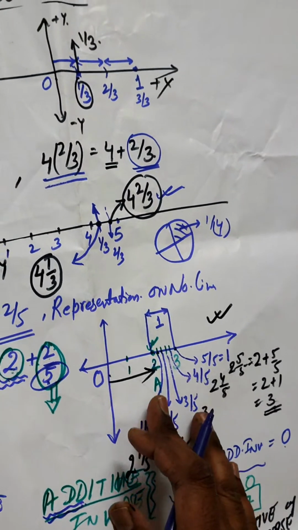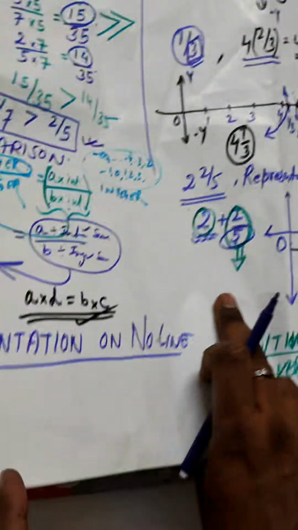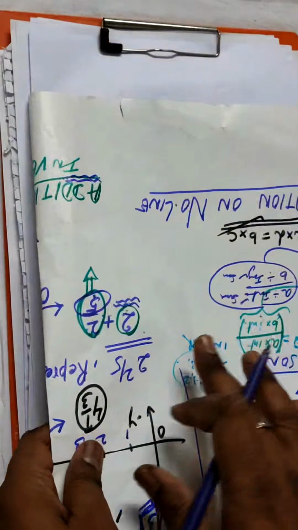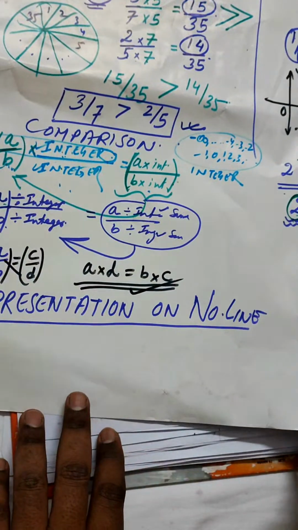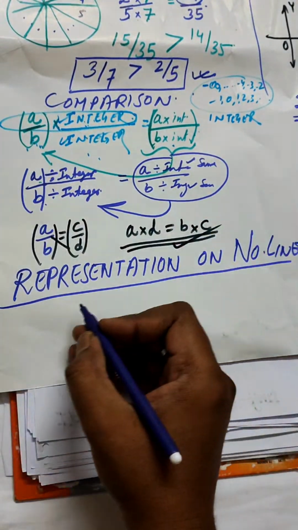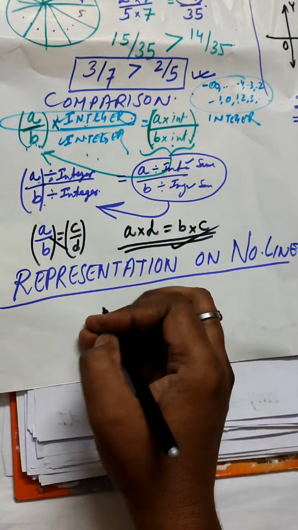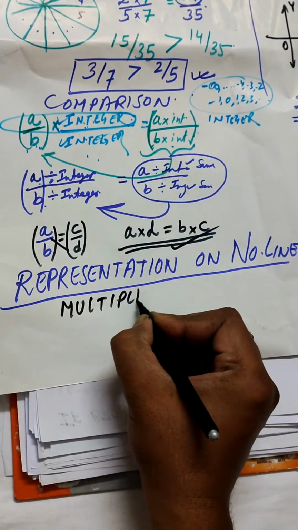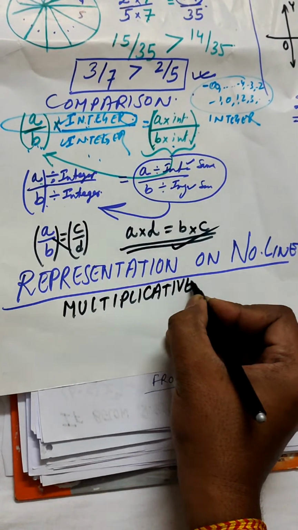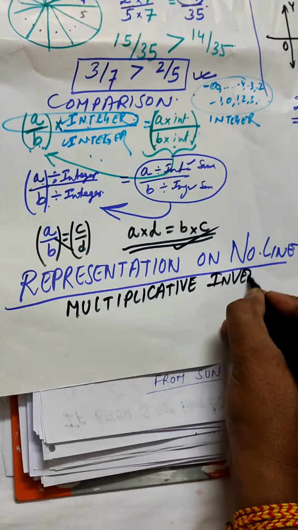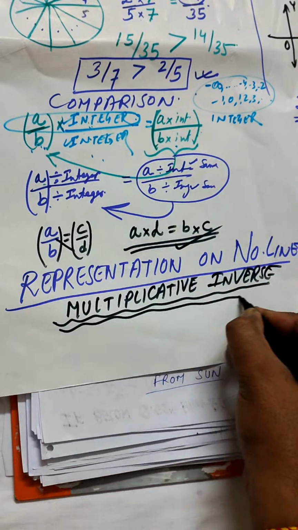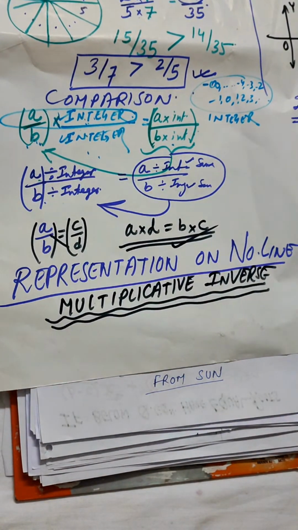Now coming to the multiplicative inverse, okay? What is multiplicative inverse? I'm showing the multiplicative inverse over here.